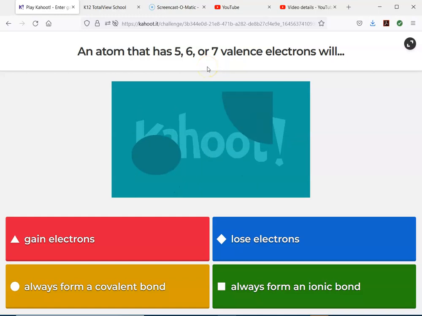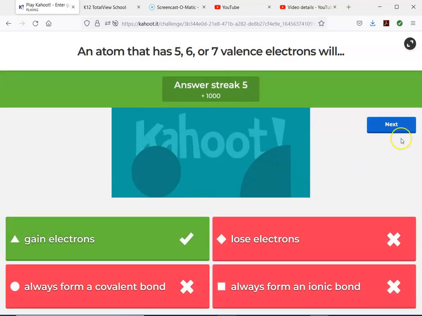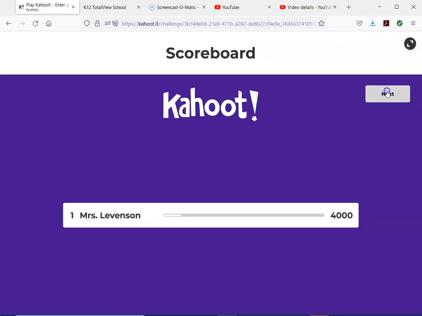It's more expensive energy to move a lot than a little. Well, these already have a lot, so they're not going to move those. That's too much energy. Instead, they're going to gain electrons to reach 8. All right.